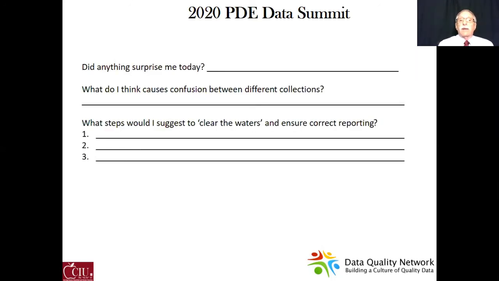So I'm wondering if anything surprised you today on this presentation. Think about what you think causes confusion between these collections. Do you think it has something to do with, if the kid is at a resident facility, maybe I don't report it?